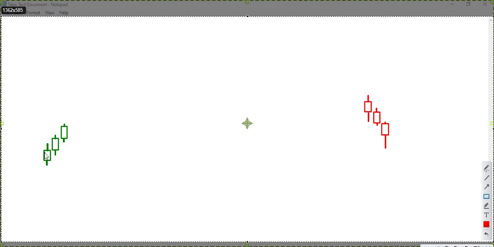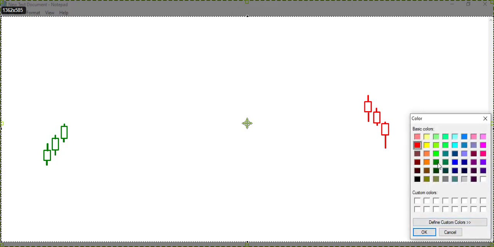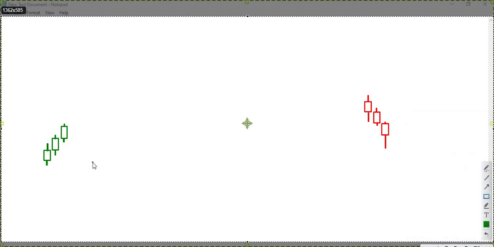So we look at this candlestick and its volume, this one, then the next candle and its volume.